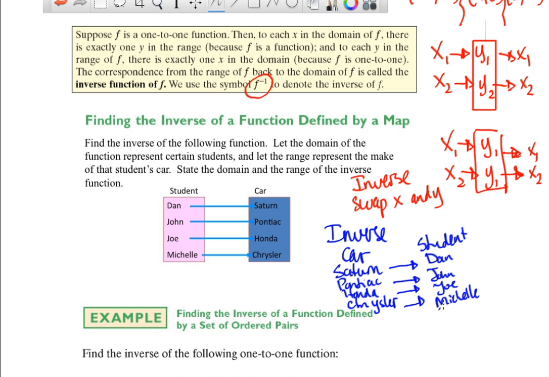So that would be the domain of the inverse, and this is the range of the inverse. Swap your x's and y's, swap domains and ranges.